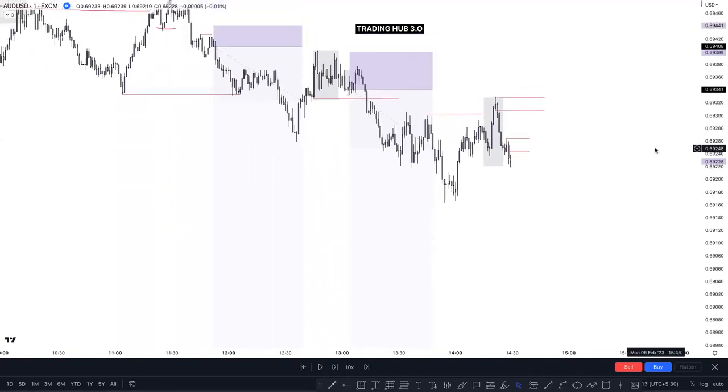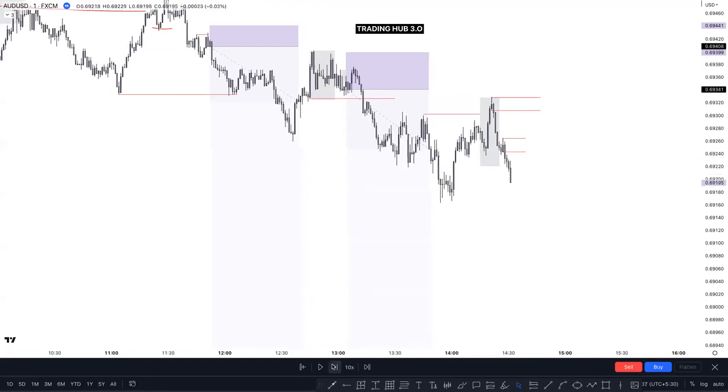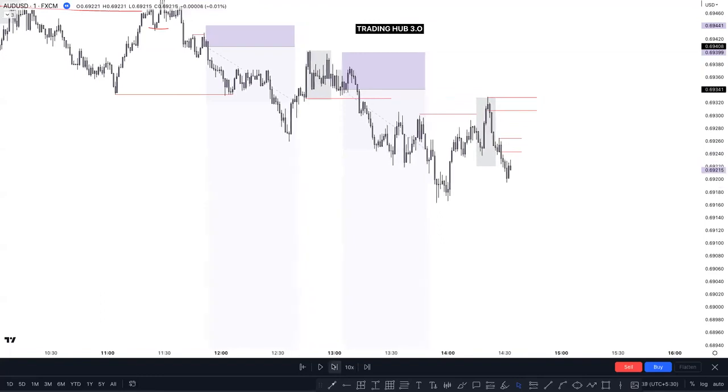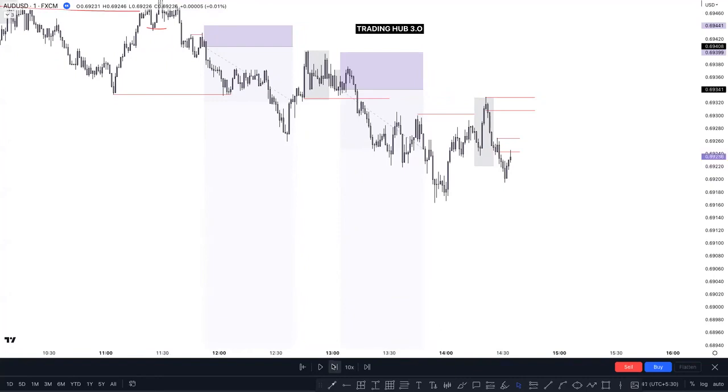In this case, you can take 1-minute confirmation here, right? 1-minute confirmation like a price tap here that gives you a single candle mitigation entry. Then you can take entry here. Okay. So let's see what's happening here. Okay. You have to wait for it to mitigate the 1-minute order block.